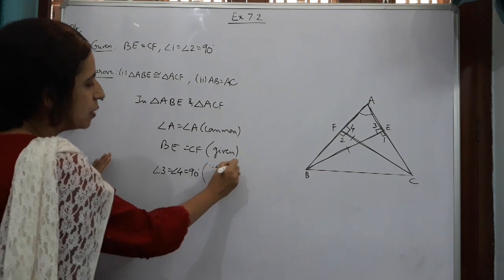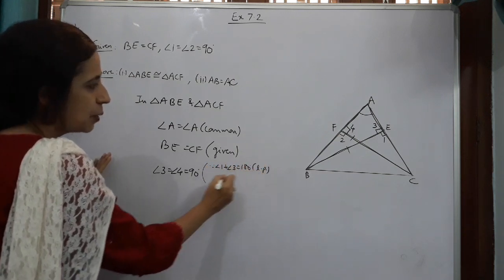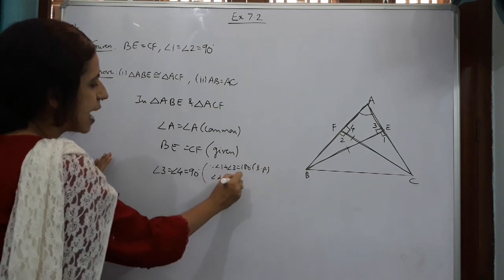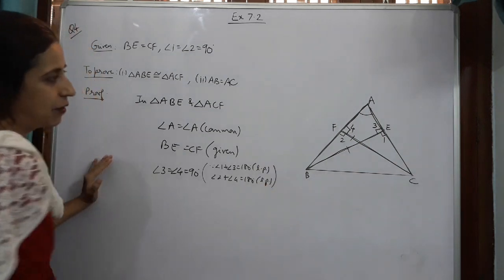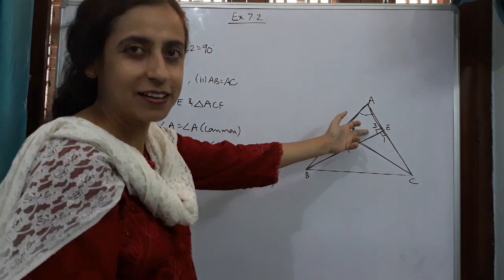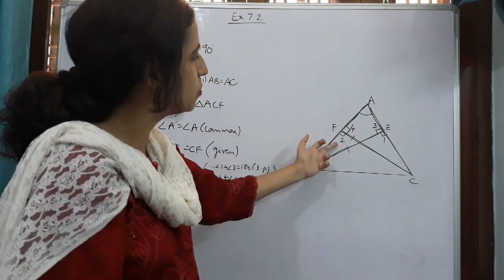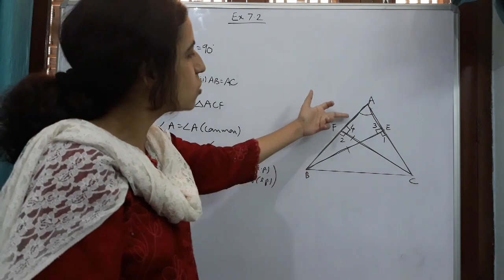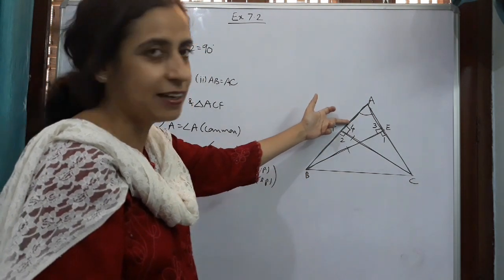Since angle 1 plus angle 3 is 180 degrees, they form a linear pair, and angle 2 plus angle 4 is 180 degrees, they form a linear pair. And angle 1 is given to be 90 degrees, so definitely angle 3 will also be of measure 90 degrees, and angle 2 is given to be of measure 90 degrees, so angle 4 will also be of measure 90 degrees by linear pair.